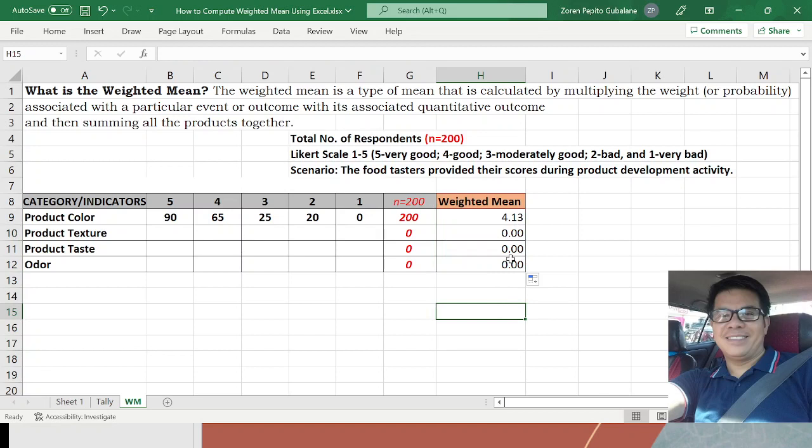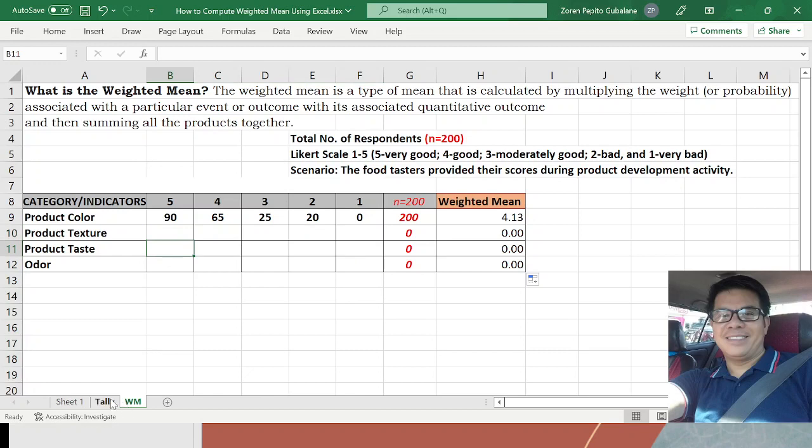It will provide you the same copy and pasting of the formula. So you have already the formula. What is lacking now are the values, the data.